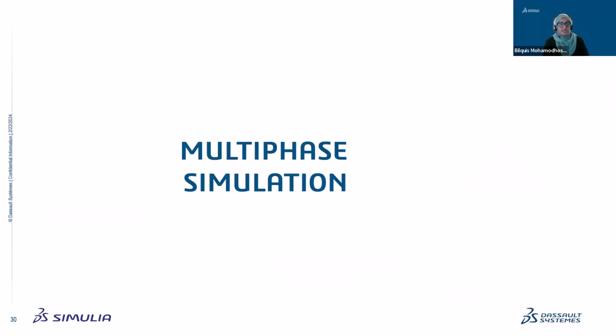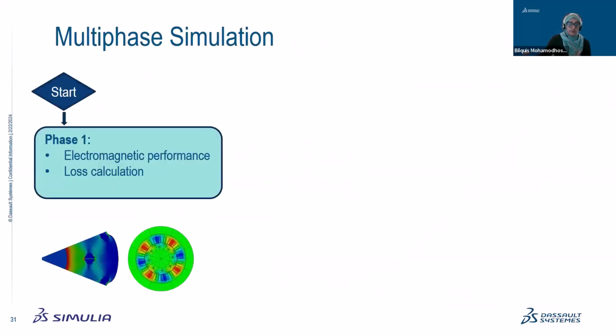So the last one is the multi-physics simulation. I will go very briefly on that, but it's just to show the other capabilities that we have and what we can do from an electromagnetic simulation. So assuming that we've already done our electromagnetic simulation, loss calculation, and so on, where do we go from there?